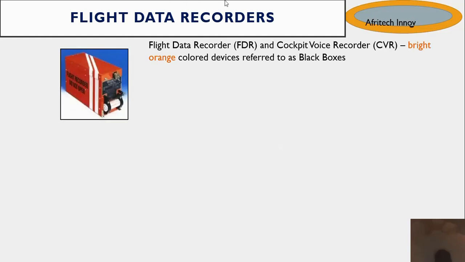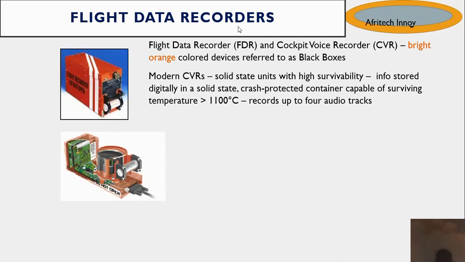Flight data recorder, mainly called the black box, but in reality it is an orange box. So the flight data recorder and the cockpit voice recorder, CVR, are all bright orange colored devices and they are called black boxes. Modern cockpit voice recorders are made of solid state units.